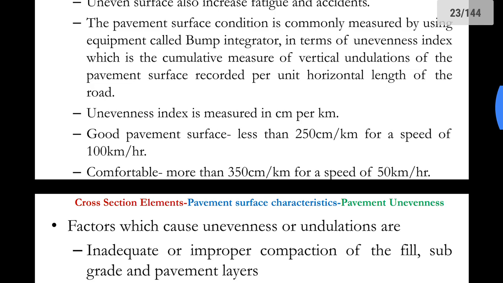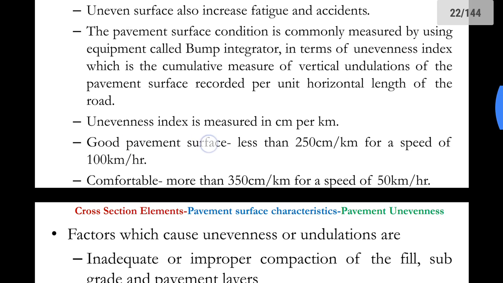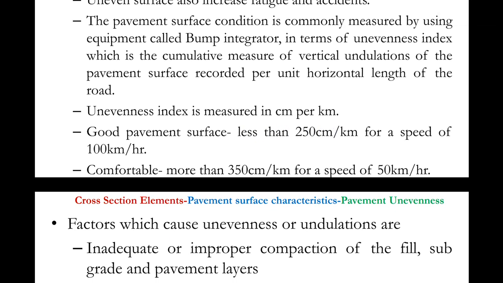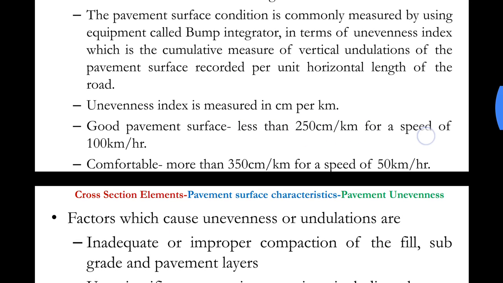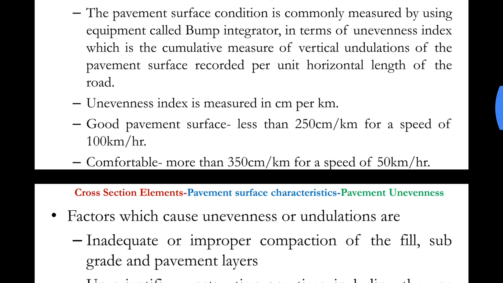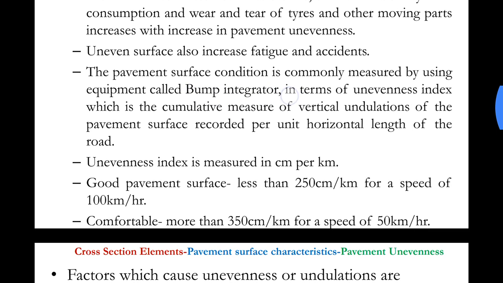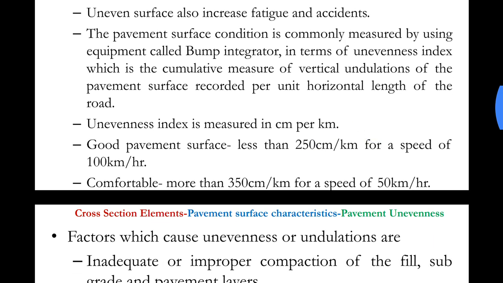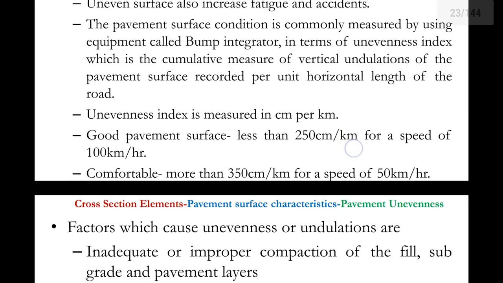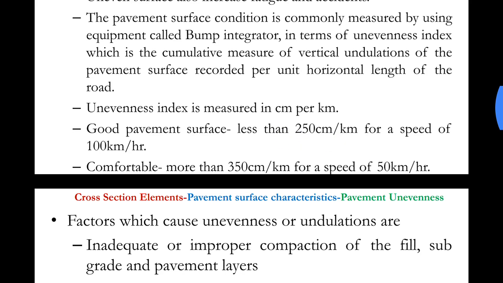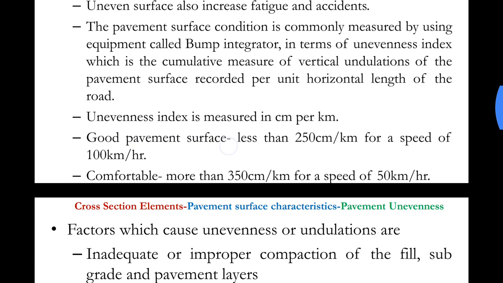So a good pavement surface would record less than 250 centimeters per kilometer for a speed of 100 kilometer per hour. If you use this device and run it over a pavement surface which is required to be tested, when you run it over 1 kilometer, if the bumps which it records is less than 250, then that surface is a good pavement surface.